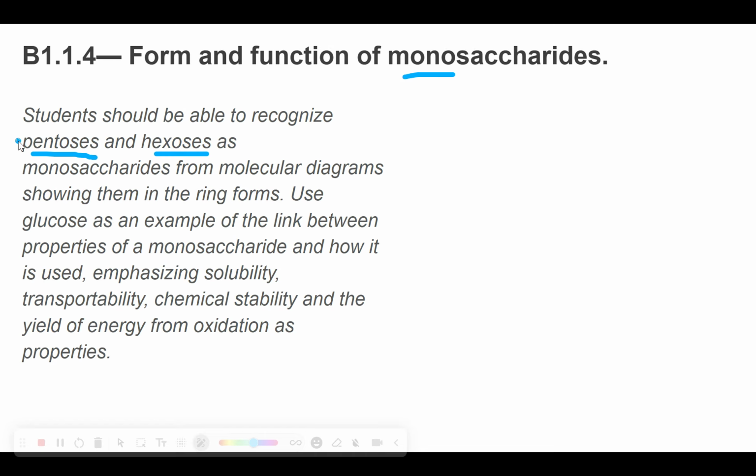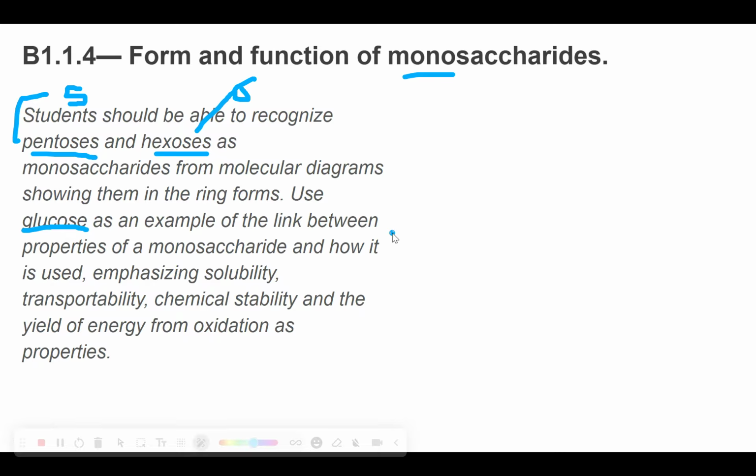Remember, the prefix pento means 5 and hex means 6. So we'll go over what the ring forms of 5 and 6 carbon organic molecules look like in a second. Use glucose as an example of the link between properties of monosaccharides and how they are used.